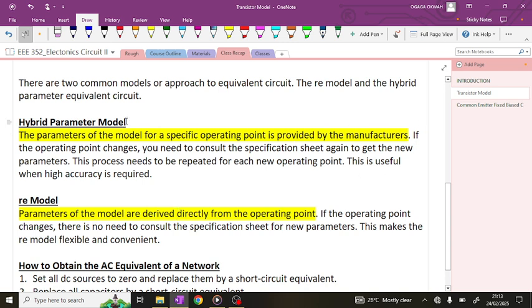If the operating point changes, recall that we get the parameters for an operating point from manufacturers. That means if the operating point changes, you need to consult the specification sheet again to get the new parameters.